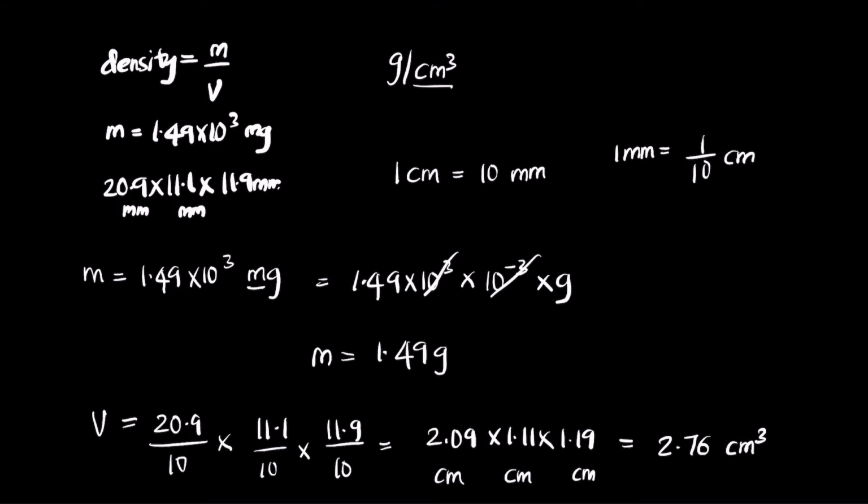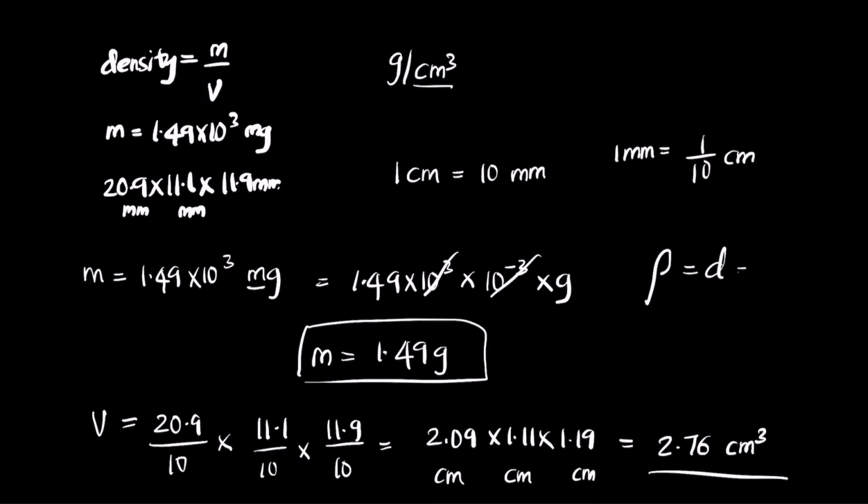Now we have the mass in grams and we have the volume in centimeter cube. So density is generally referred to by rho or d. So d is mass by volume. So mass is 1.49 divided by 2.76. So this is gram per centimeter cube.